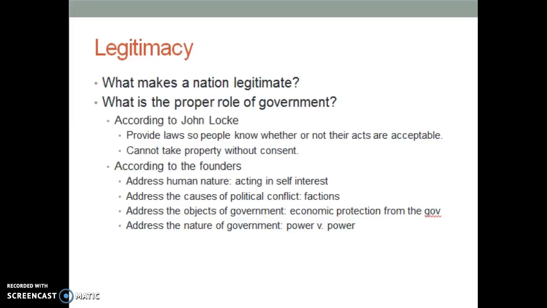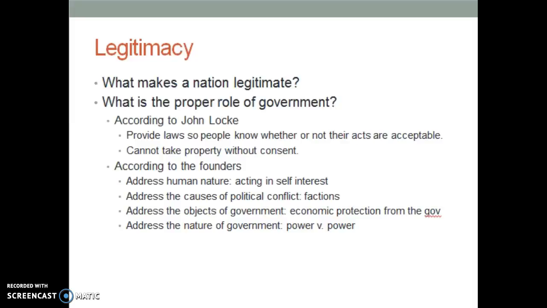Anyway, according to the founding fathers, the proper role of government is to address human nature, the causes of political conflict, the objects of government, and the nature of government. These are really going to be evident in our Constitution and will make more sense after we read Federalists 10 and 51 next week.